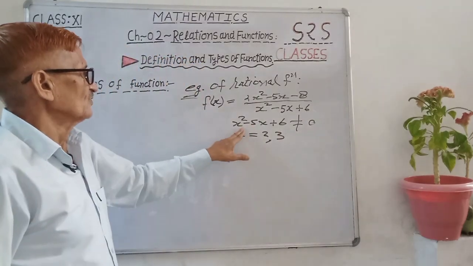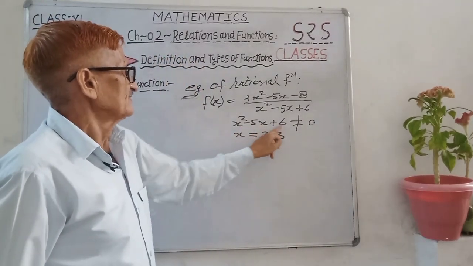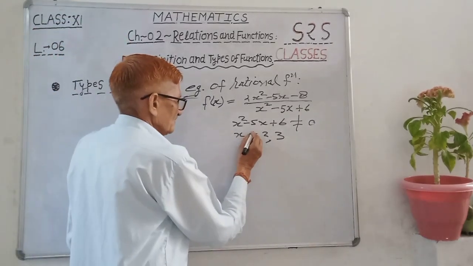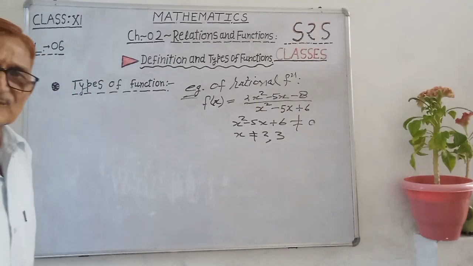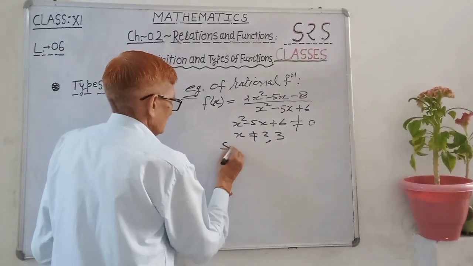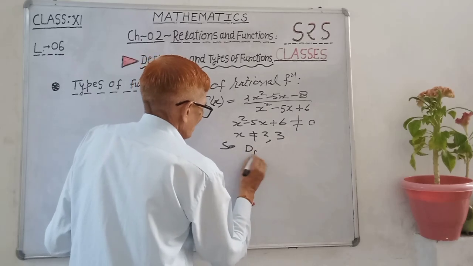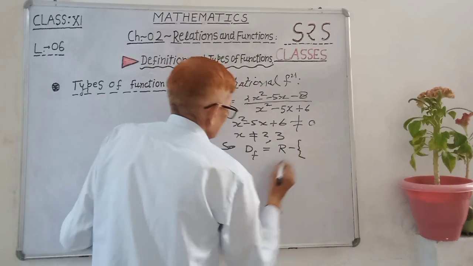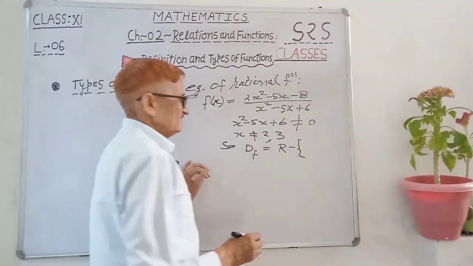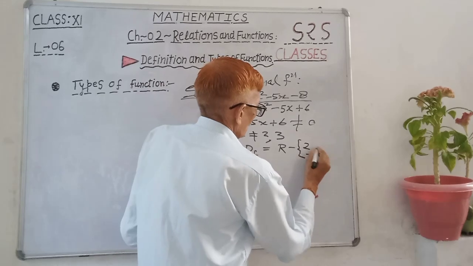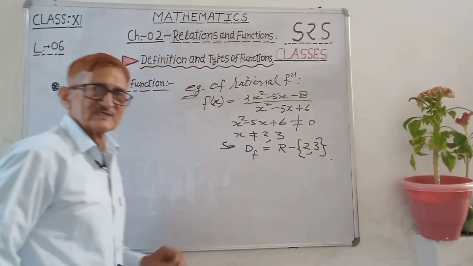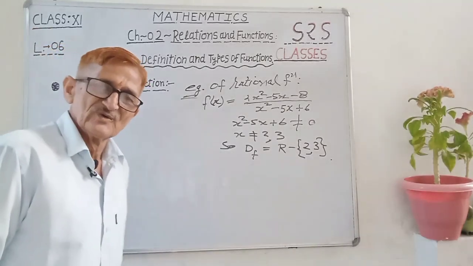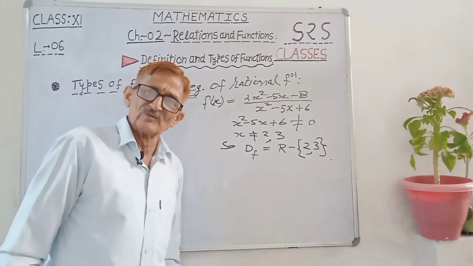Put 2: 2 times 2 is 4, 4 minus... and 2 times 5 is 10, it becomes 0. So x should not be this. So the domain of this function is real numbers minus this. The value of x cannot be this, all others can be taken, so 2 elements are removed from all real numbers: R minus the set {2, 3}, where the denominator is 0, so those values of x are deleted from all real numbers.